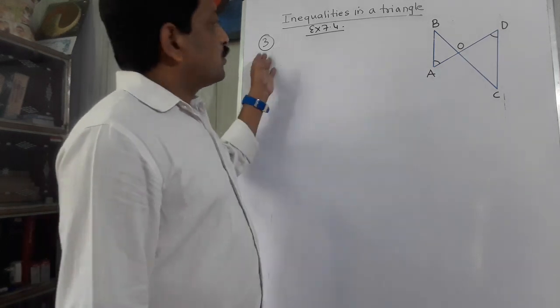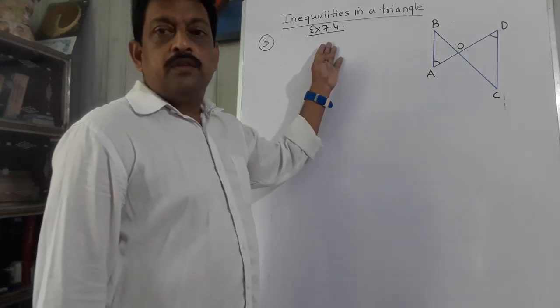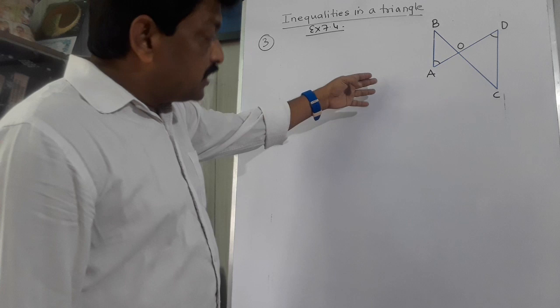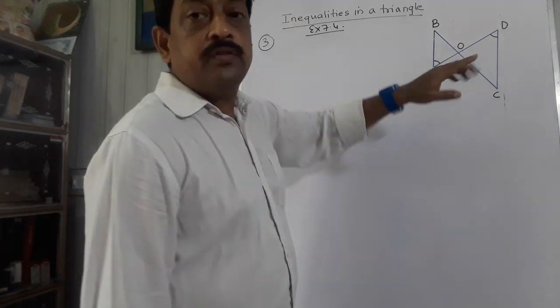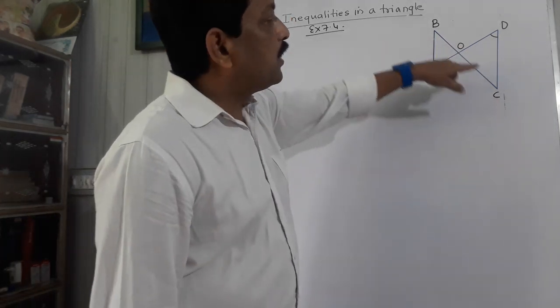This is question number 3 from exercise 7.4. It is given that in this figure, as you can see, there are two triangles, ABO and CDO.